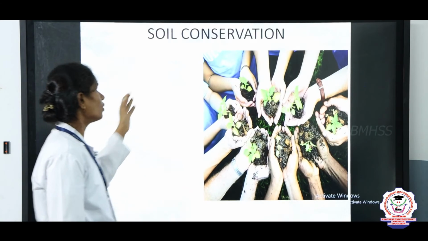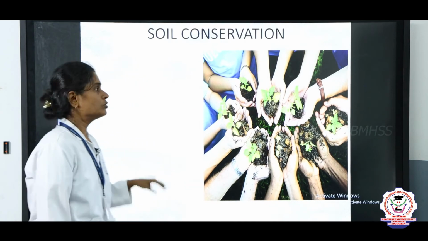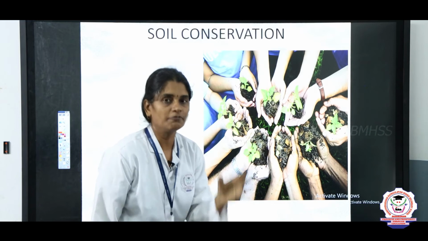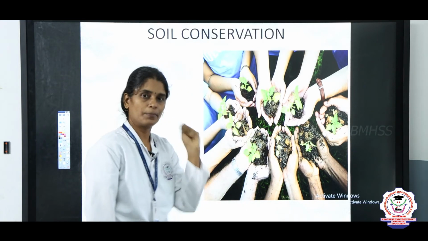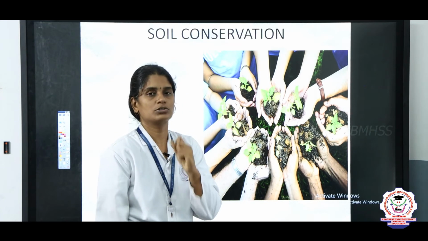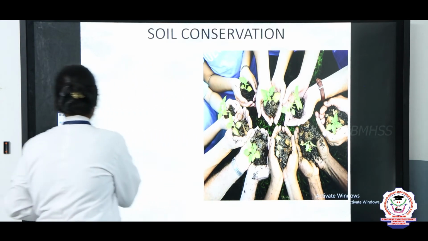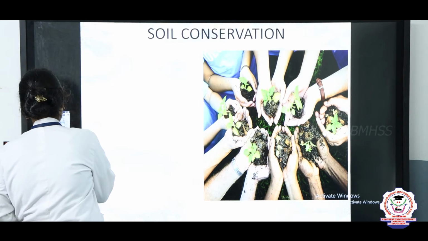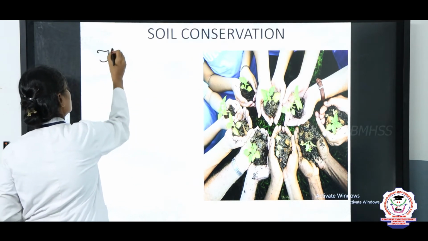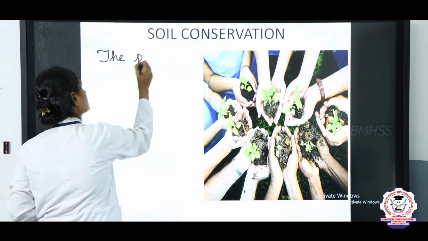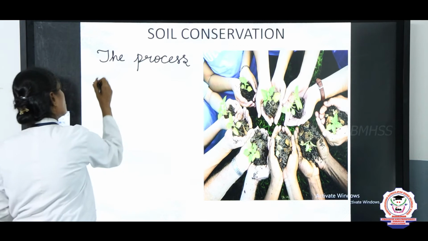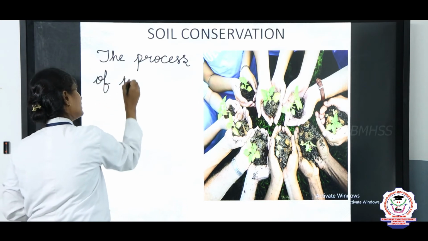So now we will see what is soil conservation. Soil conservation is nothing but how to conserve the soil from soil erosion. The protection of soil from soil erosion is called soil conservation. So soil conservation means the process of protecting soil.